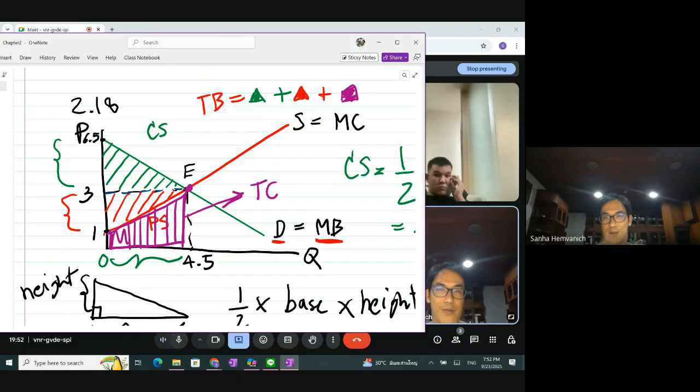The purple trapezoid is actually the cost if you look at the supply, but in terms of the benefit, it is part of the area under the demand curve. So it's part of the benefit as well.